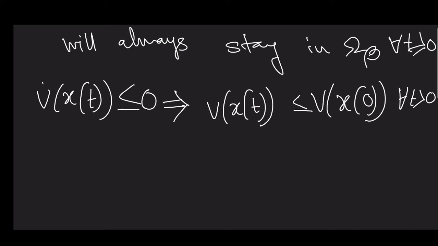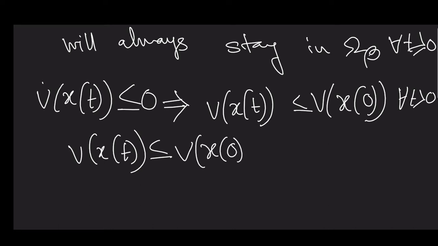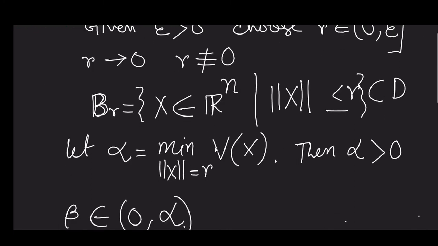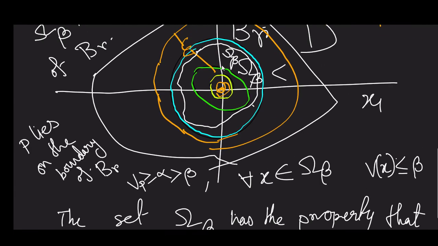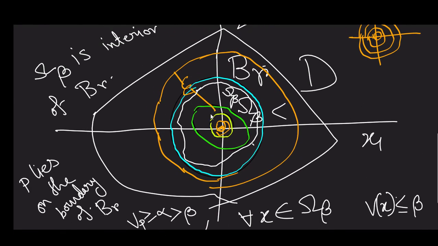And we can conveniently take that if we make sure that our V(x0) is such that this x0 falls under this region defined by this omega b, it is impossible for that trajectory to leave.